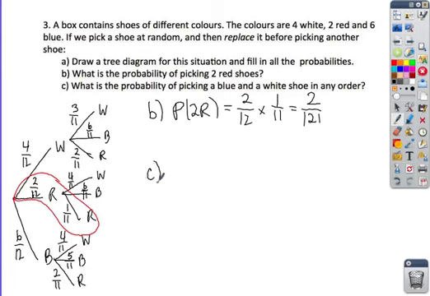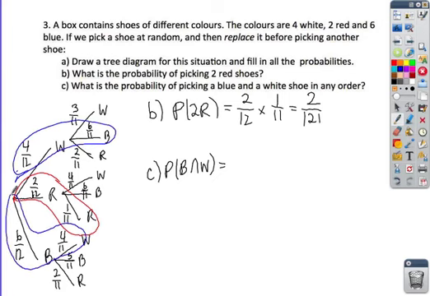And then in part C, what is the probability of picking a blue and a white shoe in any order? So really what we want now is blue and white in any order. Again, look for every combination of blue and white. So that would be this branch here, that's a white and a blue, and this branch here, which is a blue and a white.